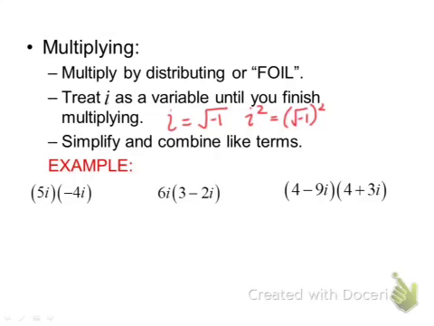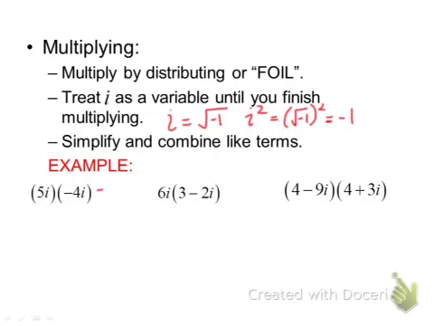What am I going to get if I square the square root of negative 1? Okay, well that's actually going to be negative 1. So there is a way for the imaginary number to actually become a real number again, and that is whenever you have i squared it is actually going to become negative 1. Okay, those are equivalent.